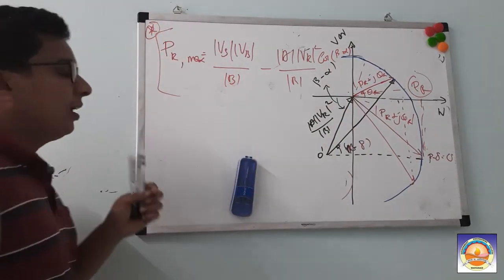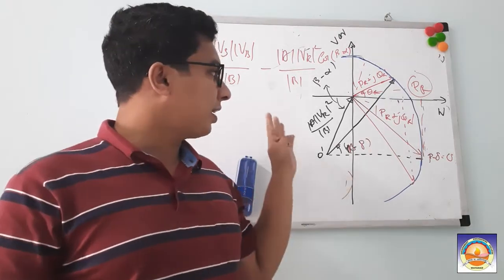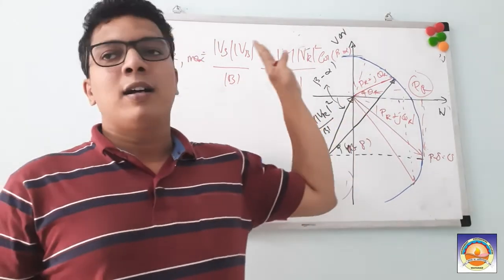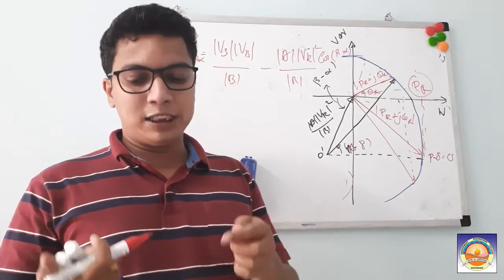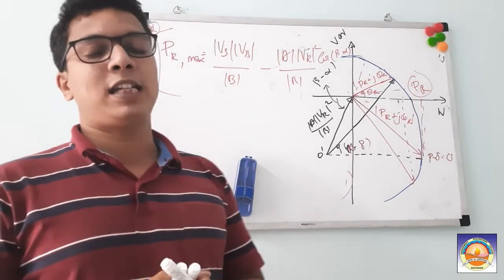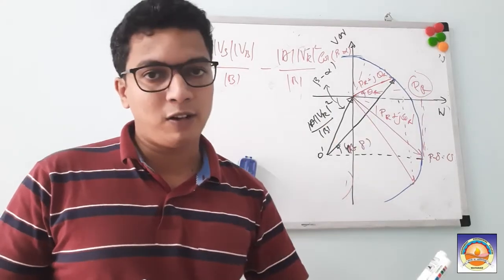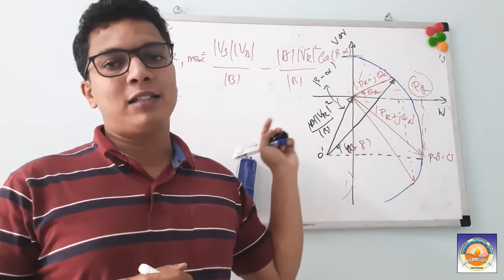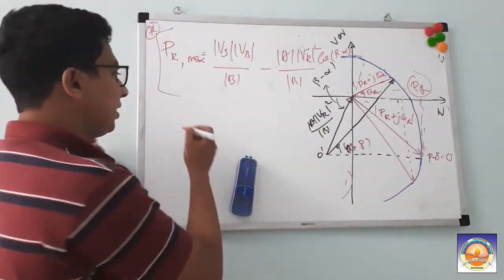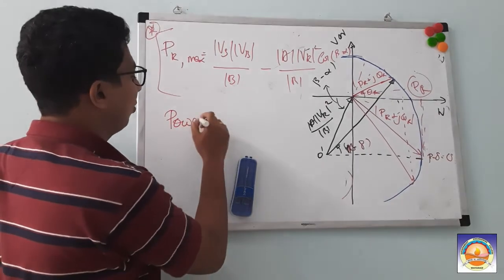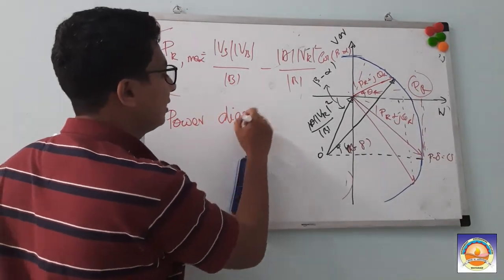So this is what I want to tell you about power flow through a transmission line. In this part, first we defined active and reactive power in terms of ABCD parameters and sending and receiving end voltage. We derived the equation, and then we saw the power diagram and its impedance.